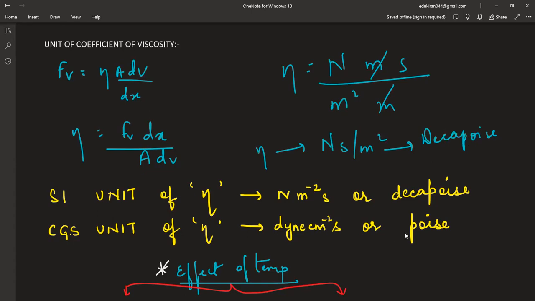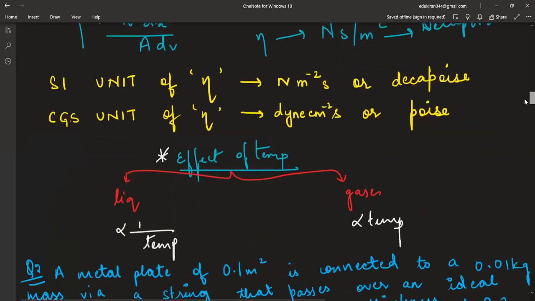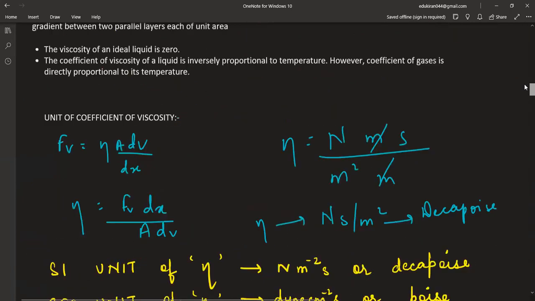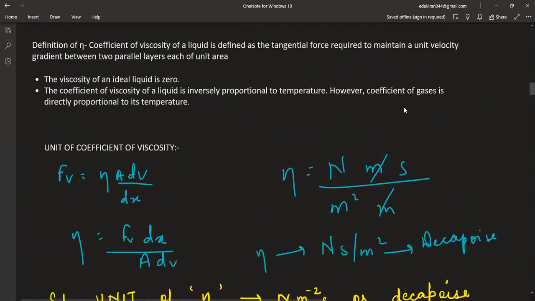The CGS unit is just poise, that is dyne second per centimeter square. Same thing when you convert it into the CGS unit. So this is deca, so you just have to multiply it by 10 to convert. Deca means 10. Write it down from here, then we'll see Stokes' law.